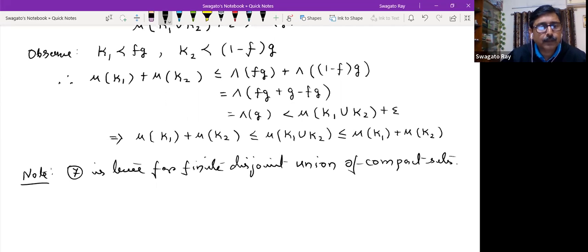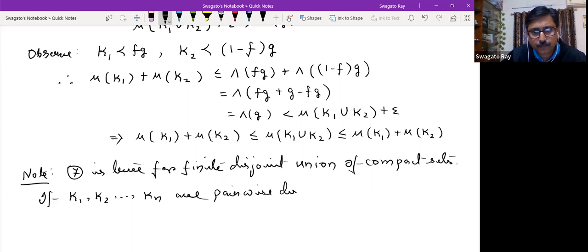So if, let me write it down, K1, K2 up to Kn are pairwise disjoint, then mu of the union of Ki, i from 1 to n, is the summation of mu Ki, i from 1 to n.